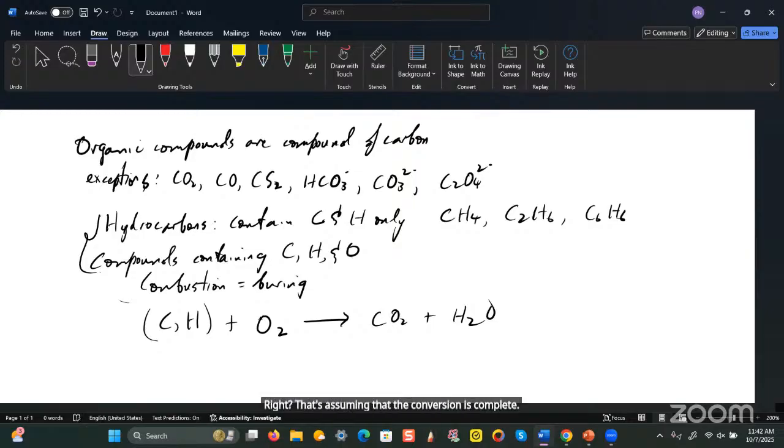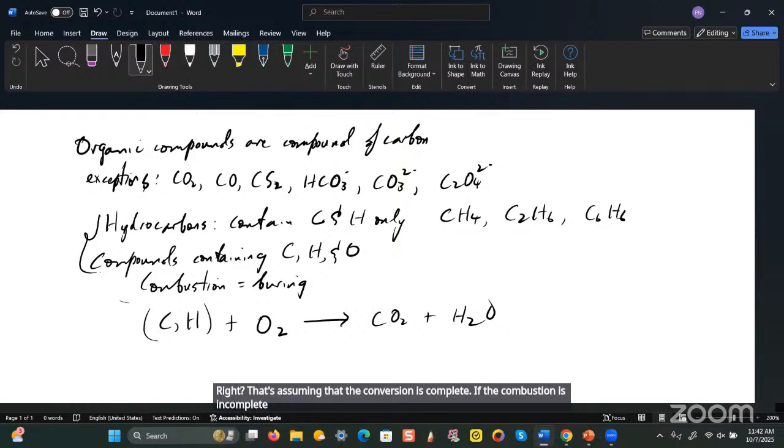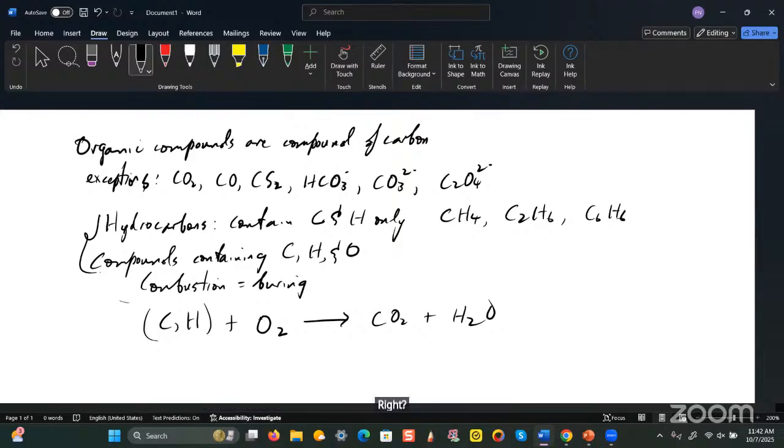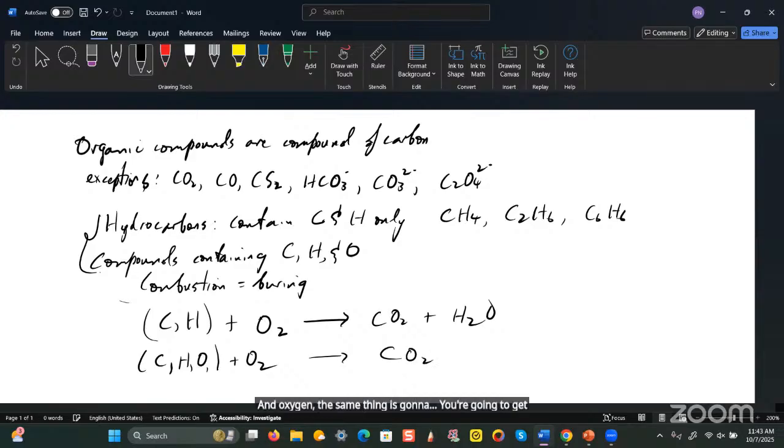If the combustion is incomplete, then you may end up with carbon monoxide or you may end up with carbon, right? But if you completely burn your compound, which contains carbon and hydrogen, then the products will always be carbon dioxide and water. And it turns out that if your compound contains carbon, hydrogen, and oxygen, the same thing is going to happen. You're going to get CO2 and H2O, all right?